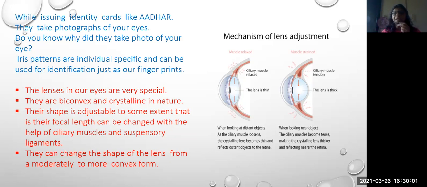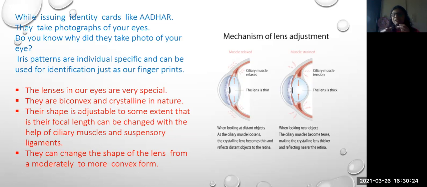So why will they take the photo of your eye? That is, they want to see the iris pattern. So the iris pattern in each and every individual is specific. It is not similar from one person to another person. That's why it is an identification mark, like your fingerprints.